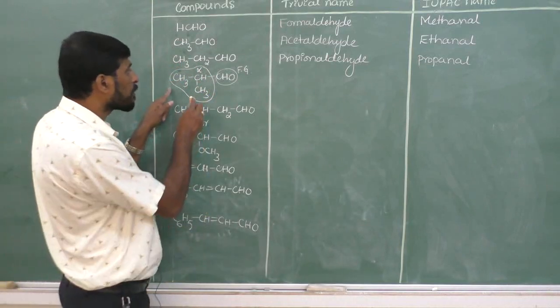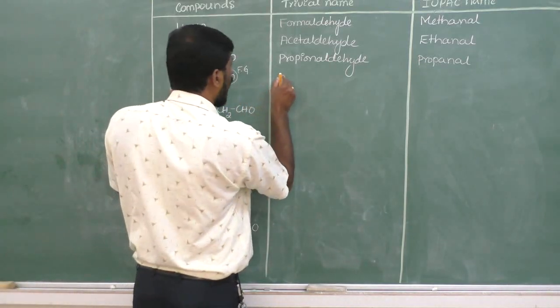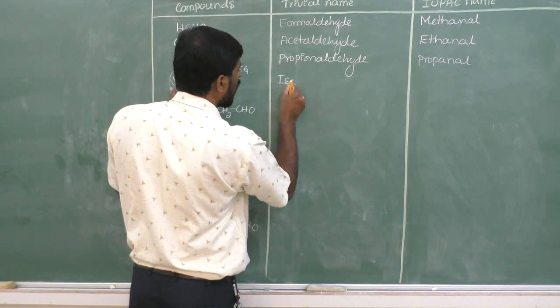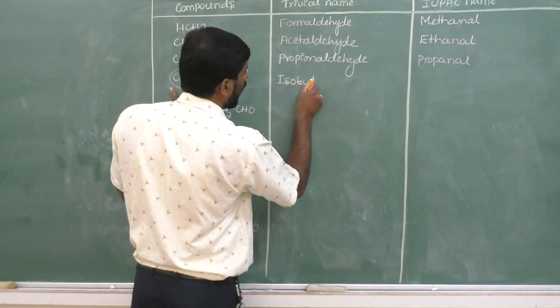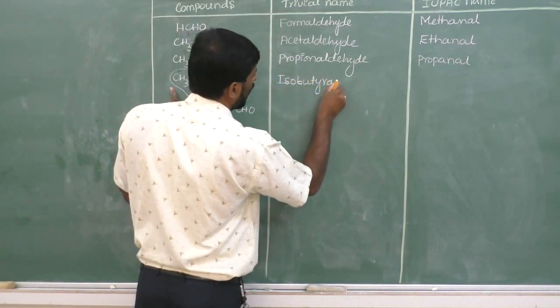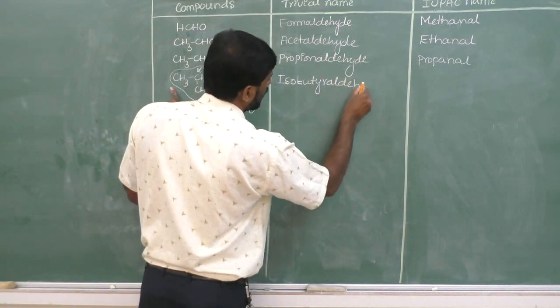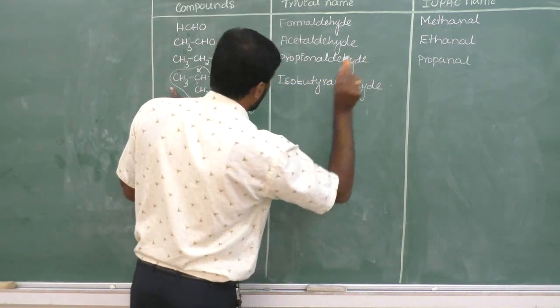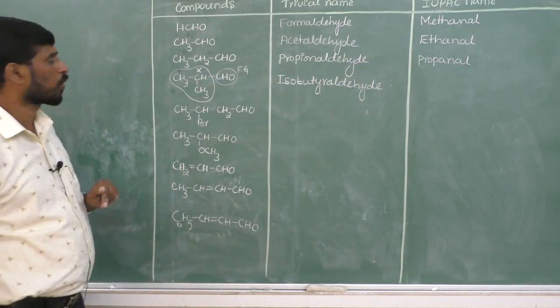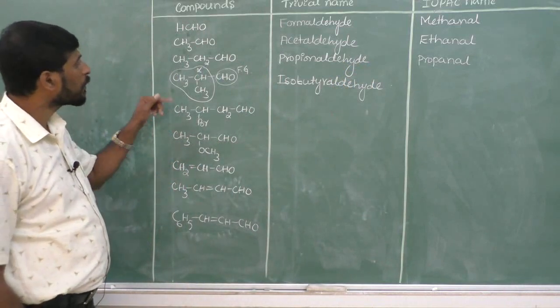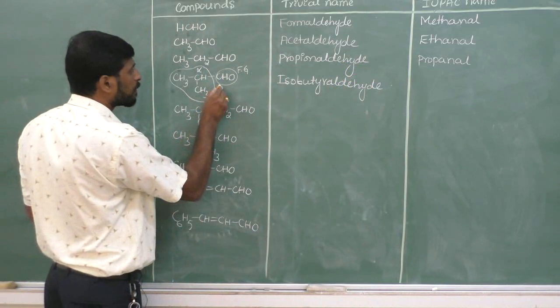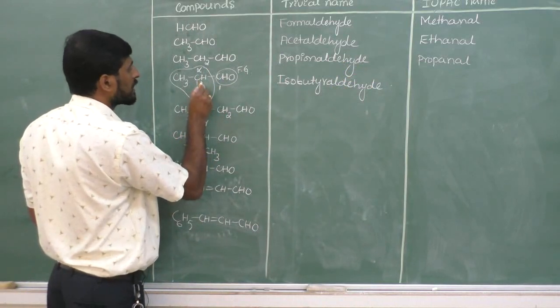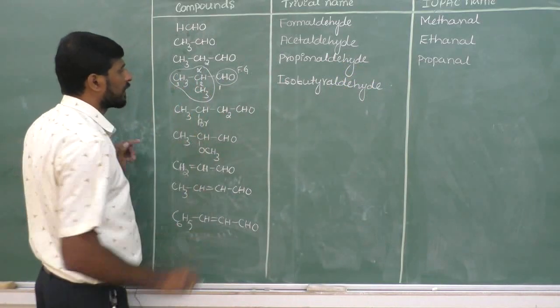Therefore, what is the name of this compound? It is isobutyraldehyde. What is the IUPAC name? This is the first carbon atom, this is second and this is third.